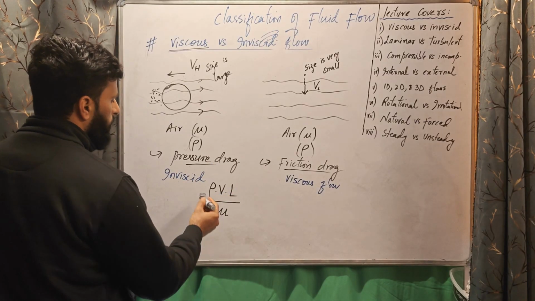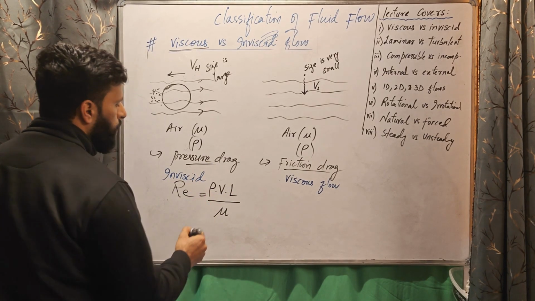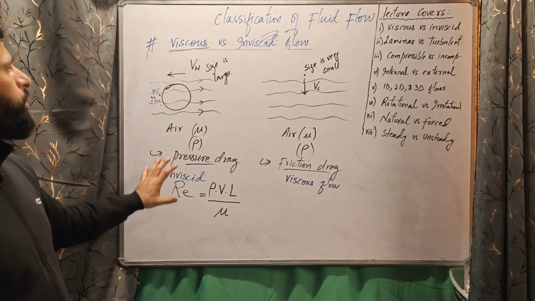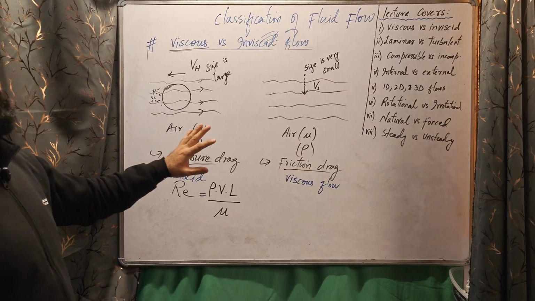Now these four are combined and we call it the Reynolds number, a dimensionless parameter. This Reynolds number is very important in deciding whether a flow is viscous or inviscid.